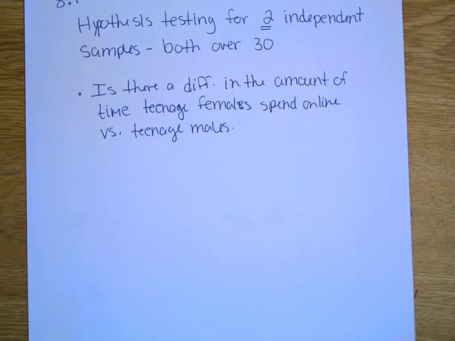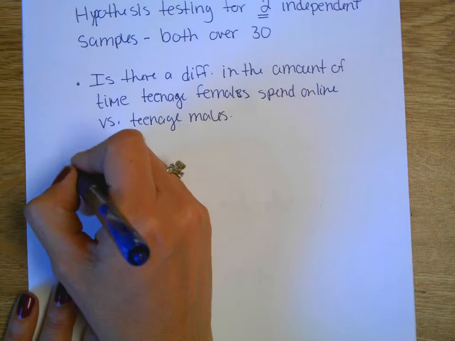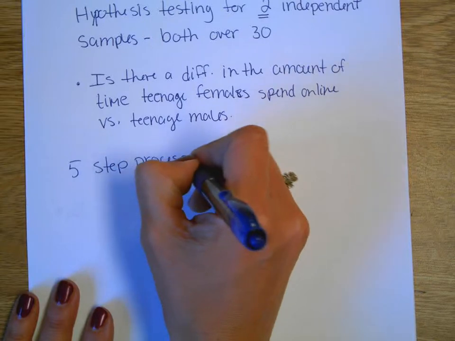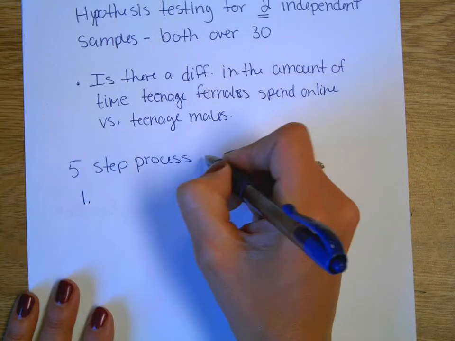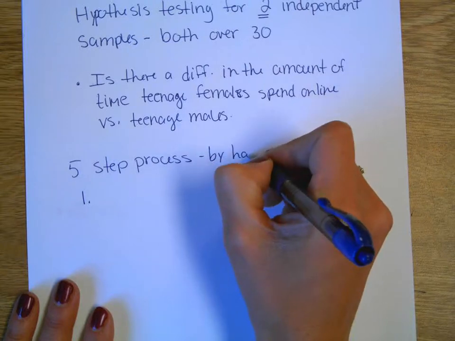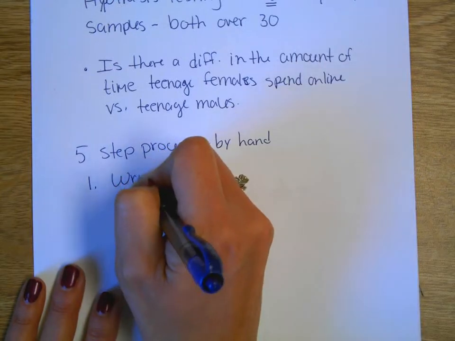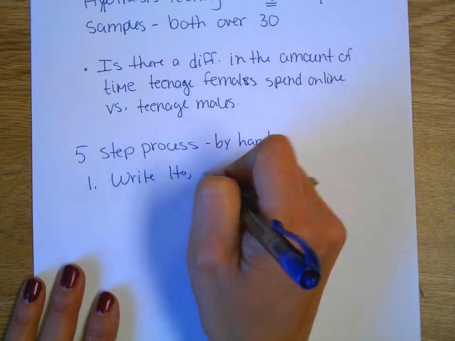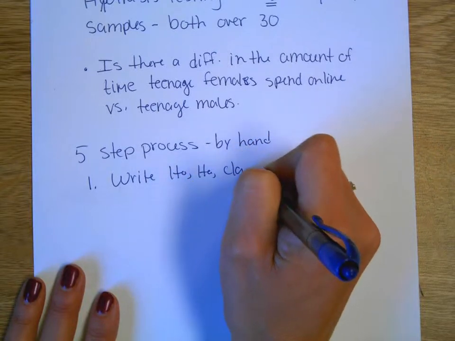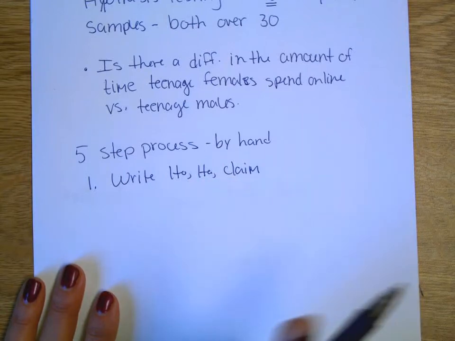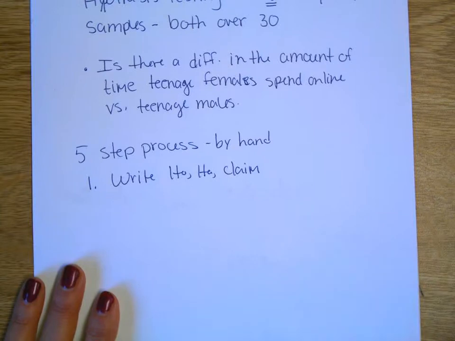It's the same 5-step process, but our formula is different. You're still going to write the H0 and the Ha and the claim, but these are slightly different because we have the 2 samples in the H0, the Ha, and the claim.